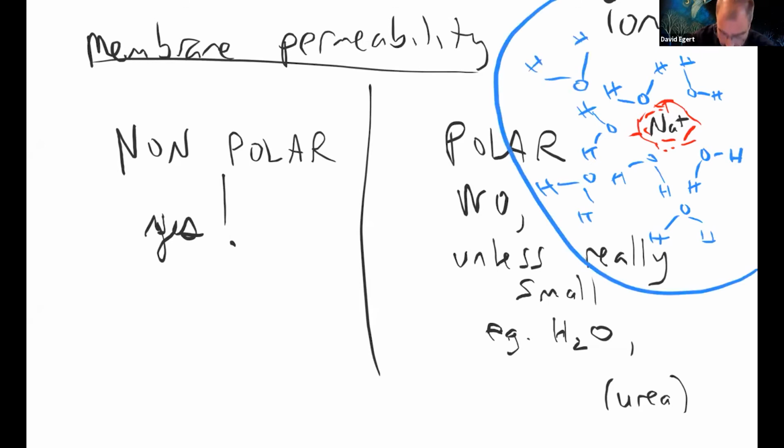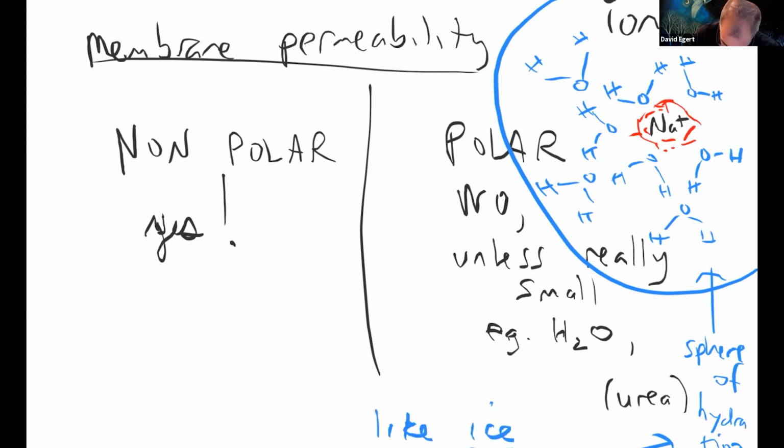So you get this kind of hydration sphere. The water molecules are rigidly held in this form around that ion, like a snowball.